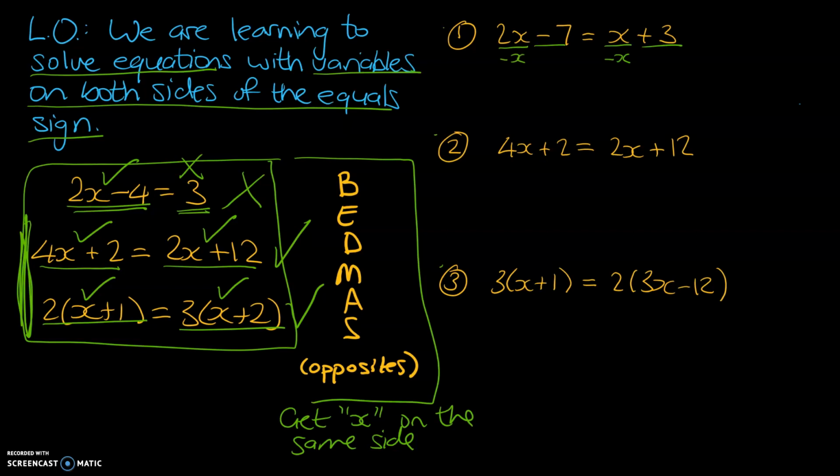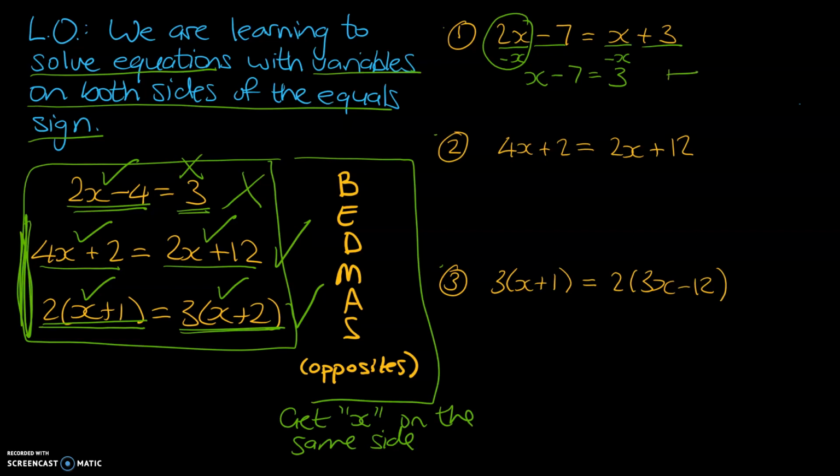So we're going to do a minus x there. So we're going to start our simplifying process. That 2x minus x becomes x. And we've got minus 7, we haven't touched that. And that is equal to x minus x, which is 0, they cancel each other out, so we can ignore that. And 3, we haven't touched that either.